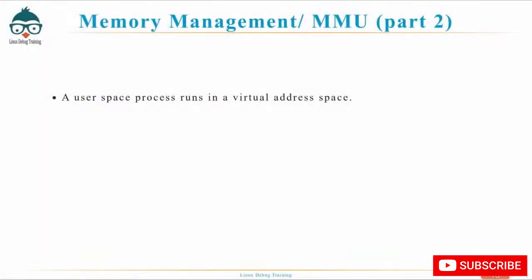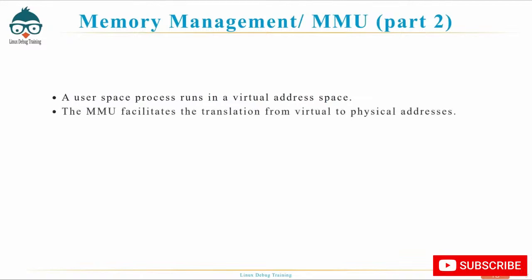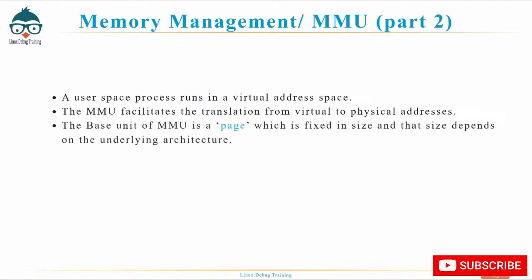We will now focus on the MMU in a little more detail. A userspace process runs in a virtual address space, and we've seen this on previous slides. The MMU facilitates the translation from virtual to physical addresses. The base unit of an MMU is something called a page, which is fixed in size, and that size depends on the underlying architecture.